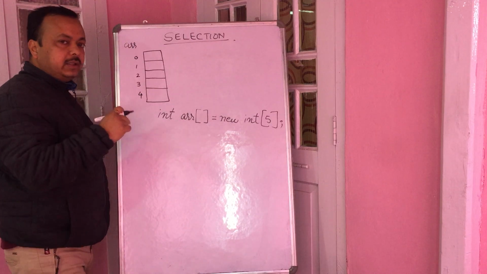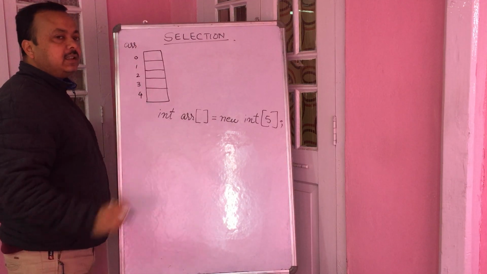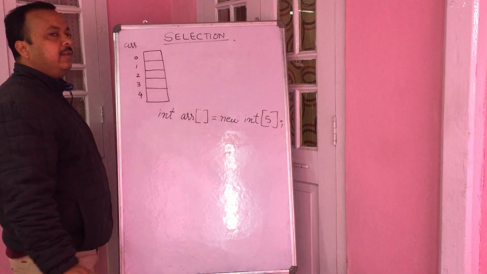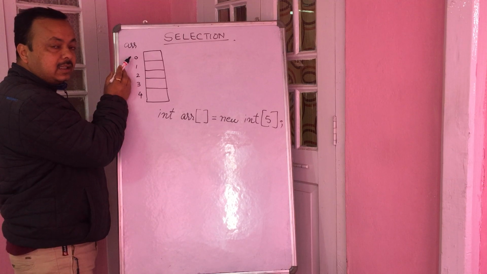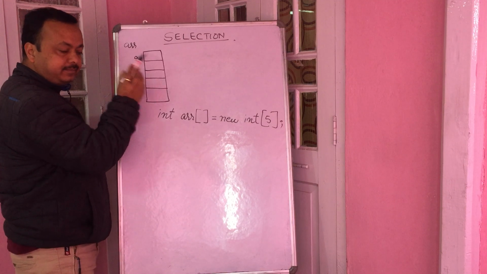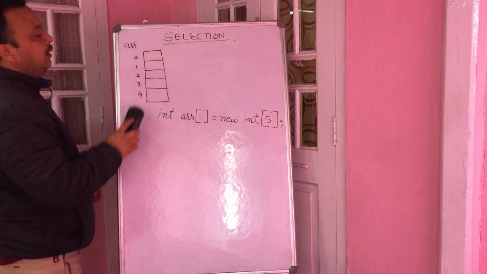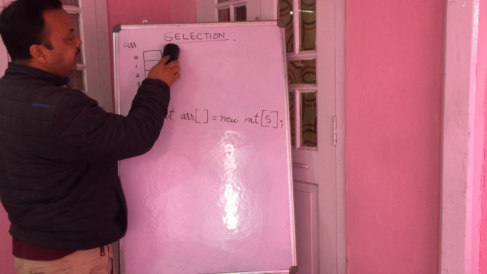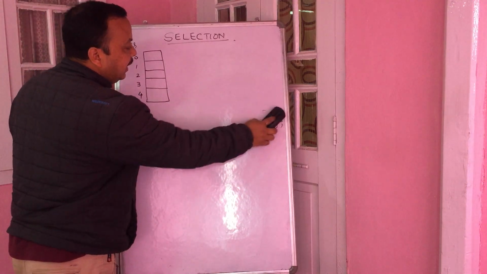But when we use the subscript, it always starts from 0. There is a different video where I have explained why the array index starts from 0. Now let us see how the selection sorting technique will rearrange the values that we put in this array.